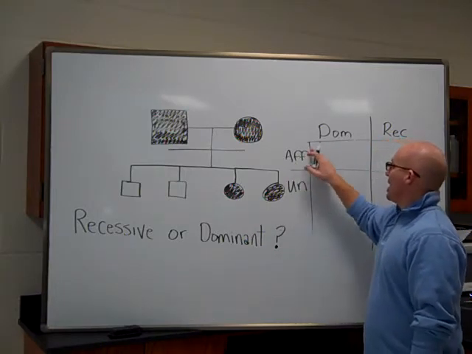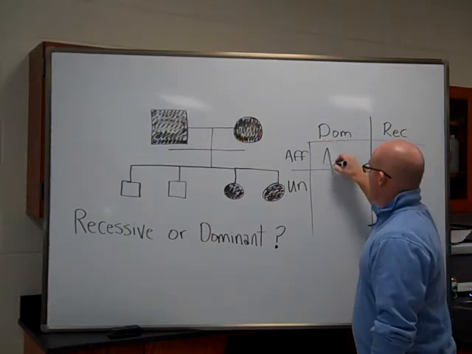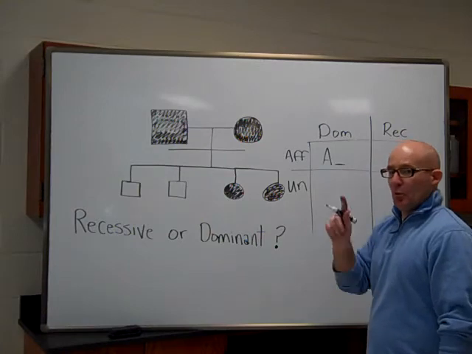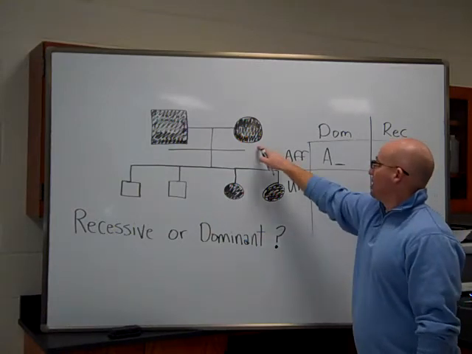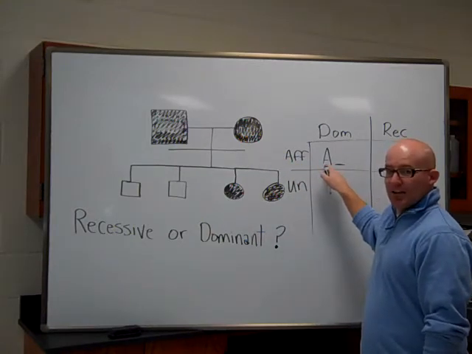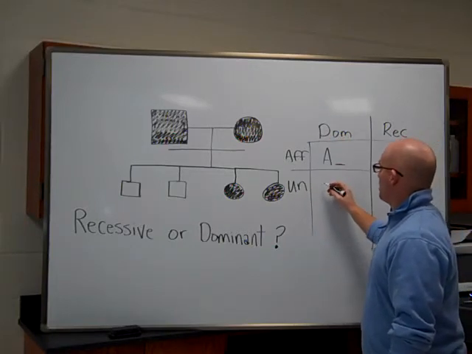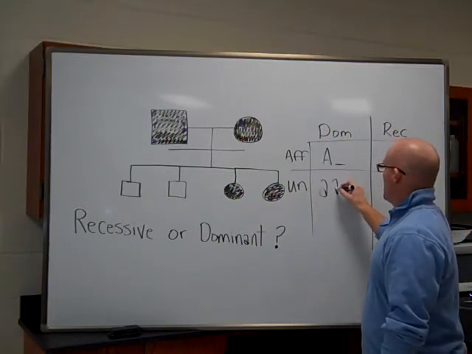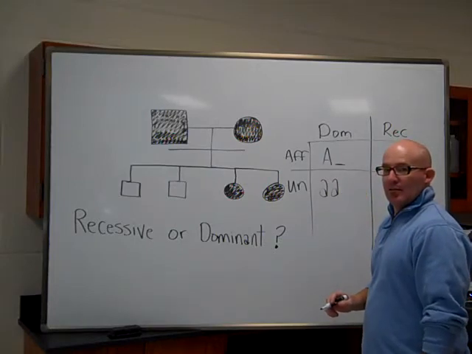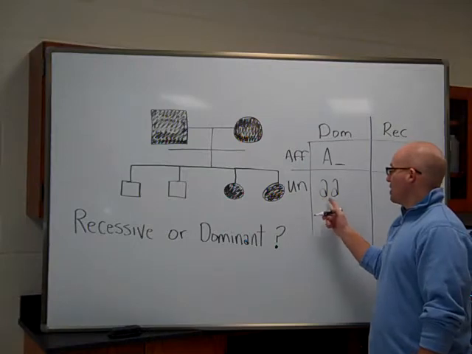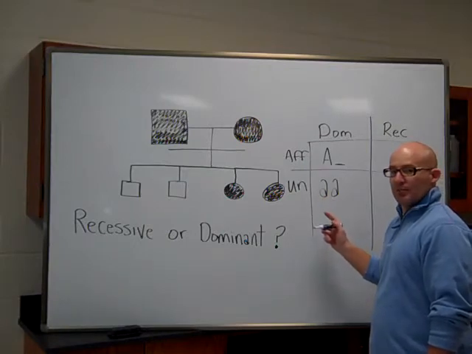If they're affected and it's dominant, they have to be basically one big letter, and the second letter doesn't really matter. Having one copy of the dominant allele makes them affected if it's a dominant trait. So an unaffected person with dominance would be little a, little a. They are recessive, they're unaffected, they have 2 copies of the unaffected allele.